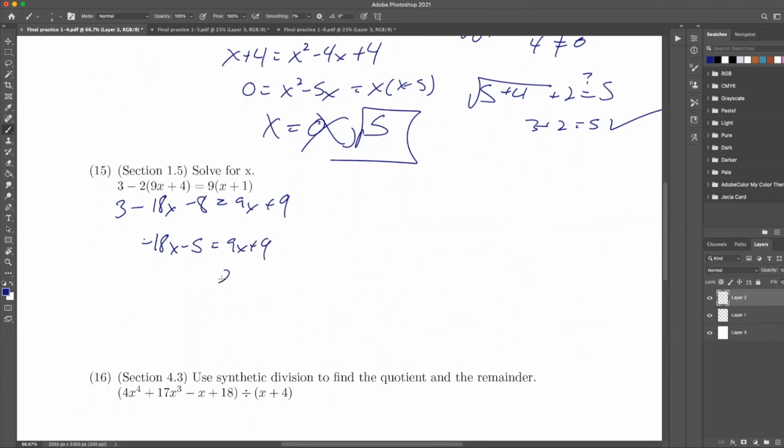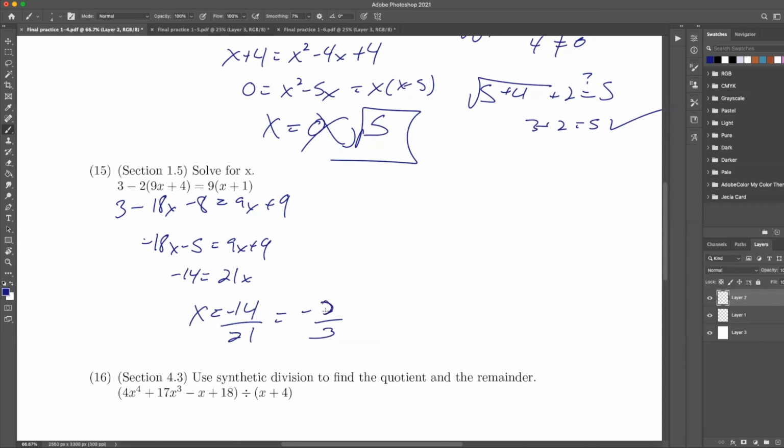Move that over, so I'll get 21x, and then move this over, so it'll be minus 14. And so here I'll get x is equal to negative 14 over 21, which simplifies to 2/3.